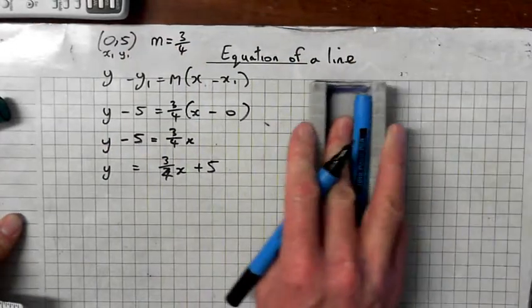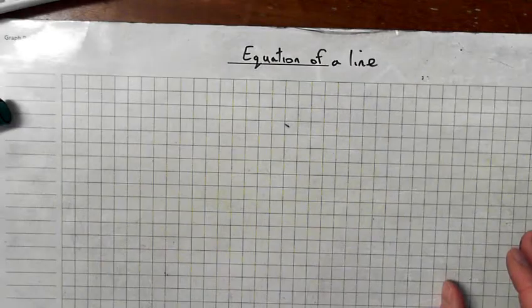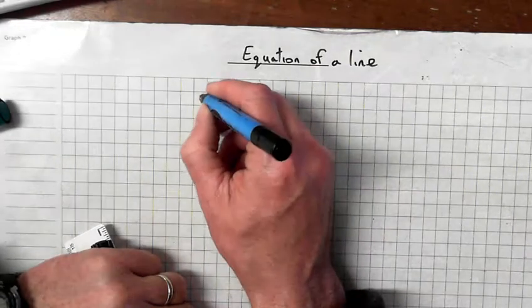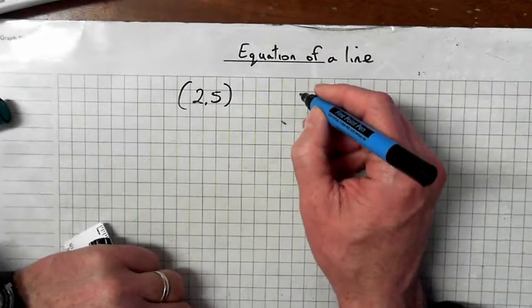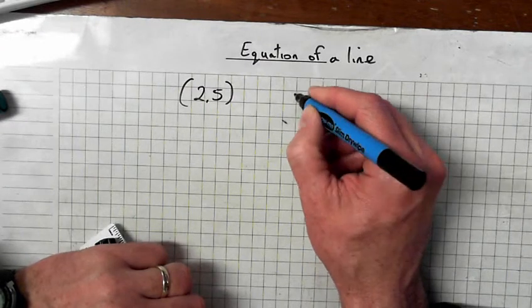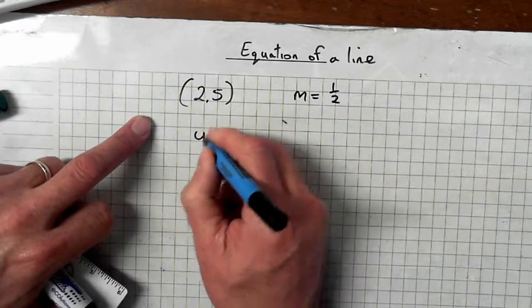Right, there's a different type of question I want to give you. Let's say you're given a point 2, 5 and a slope of a half. Find the equation of the line using this formula.